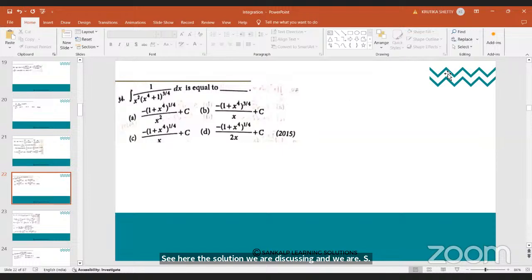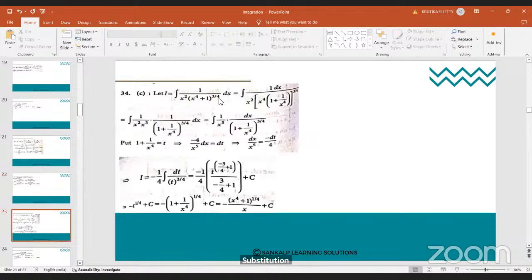First we are considering the given integral I as integration of 1 upon x square into x raised to 4 plus 1 raised to 3 by 4. Next step, we are multiplying and dividing by x square.